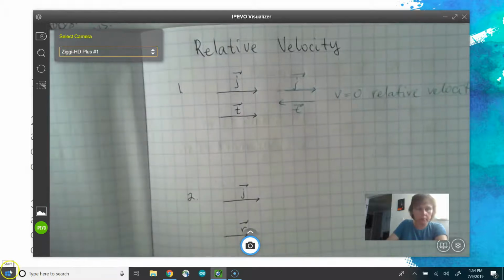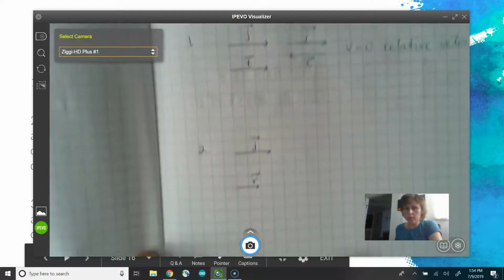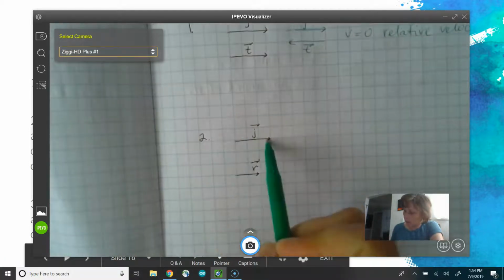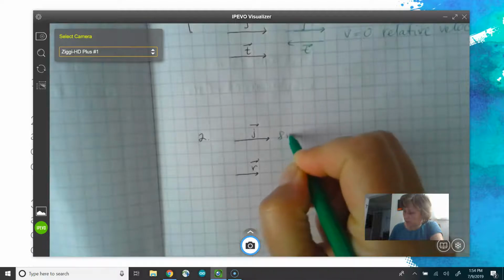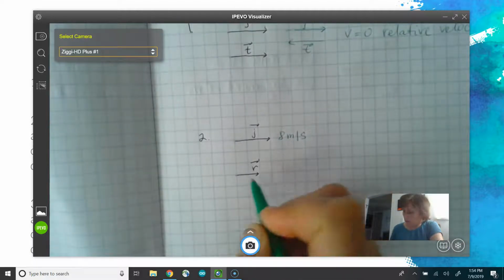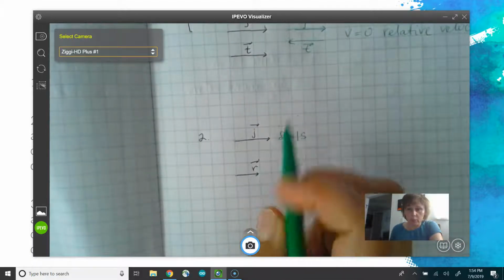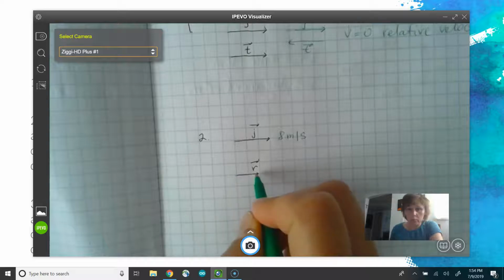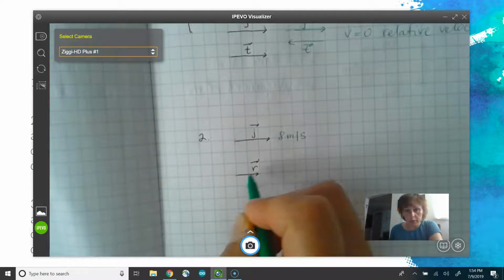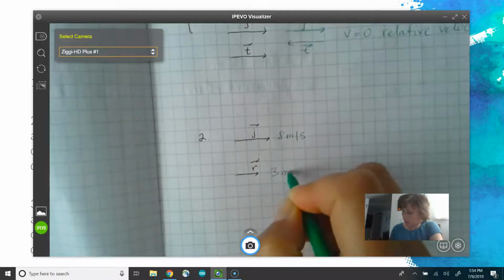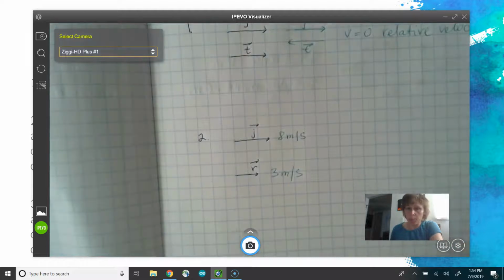Okay. In the second example, we have a jet ski moving with the velocity of 8 meters per second in still water, and the water's current, the river, moves with the velocity of 3 meters per second. So what is the relative velocity of the jet ski to the shore?